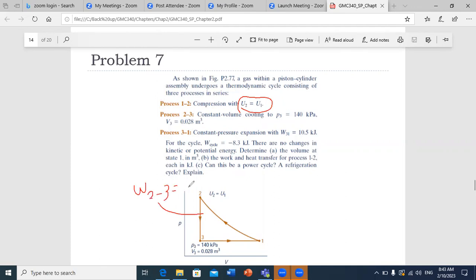They gave us the value of work from 3 to 1. From 3 to 1 we have expansion, so the work is positive because it's done by the system. From 3 to 1, the work is equal to 10 to the power 5 kilojoule.